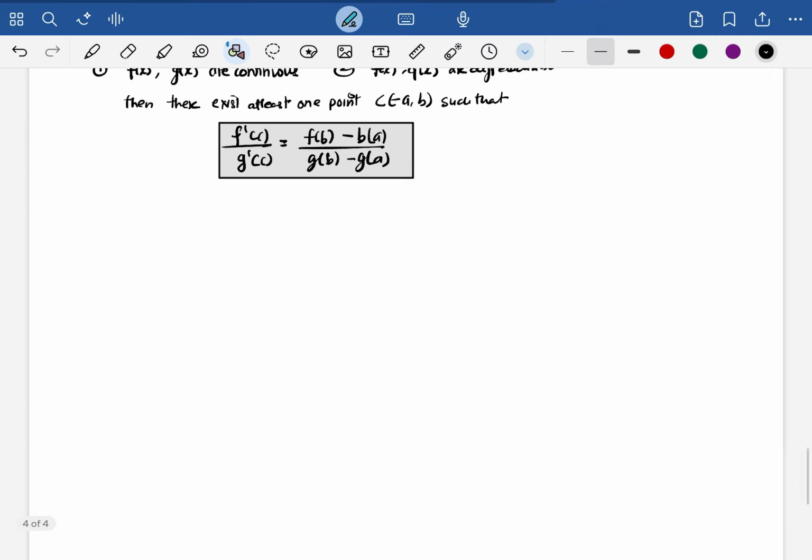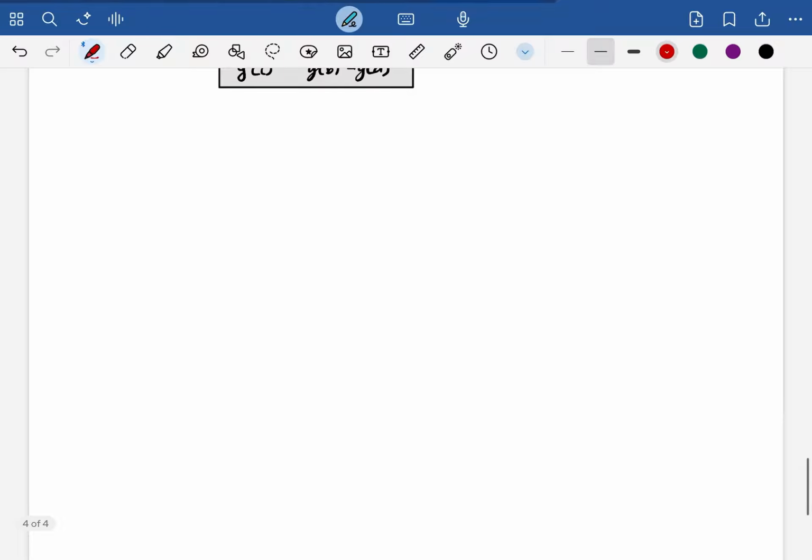Okay, so again let's focus on a numerical question. It is like this: verify Cauchy's mean value theorem for the functions e to the power x and e to the power minus x in the interval a to b.